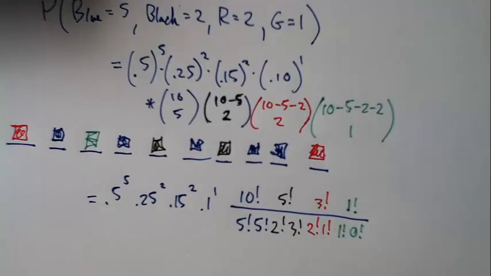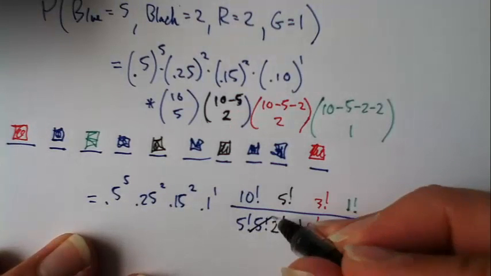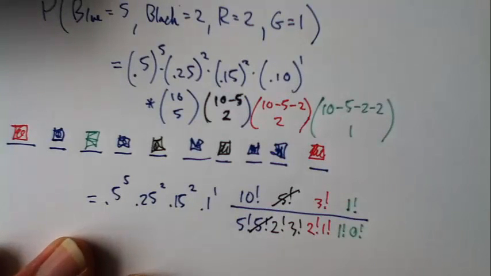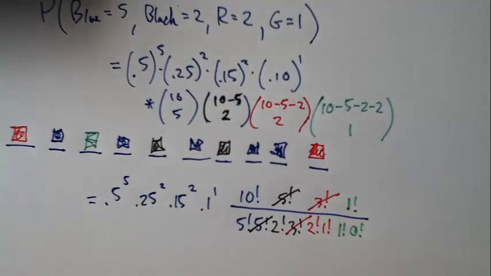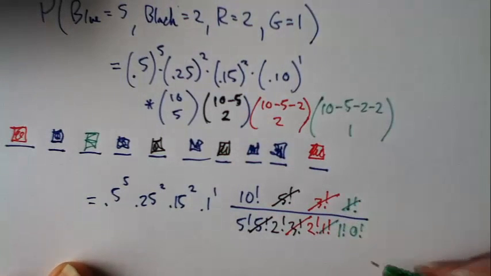Now check this out. 5 factorial cancels 5 factorial, and the 3 factorial cancels with the 3 factorial, and the 1 factorial cancels with the 1 factorial, and of course this goes away.